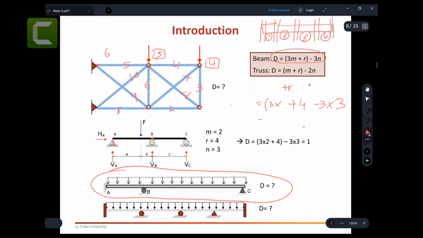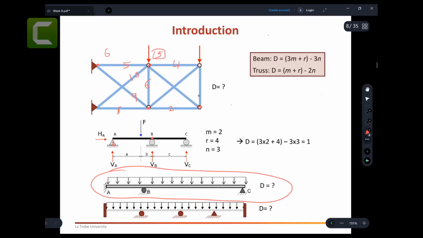It's possible to do it. Let's give you a couple of minutes. Can you please find the degree of indeterminacy for this beam that I just circled? You can say the answers or you can put them in the chat.